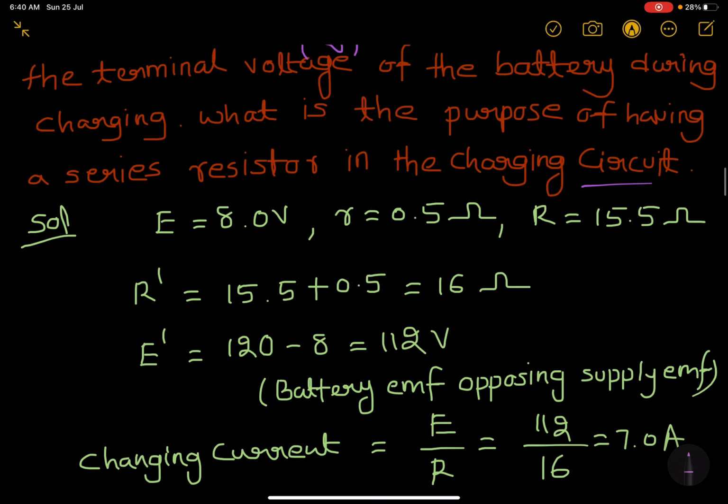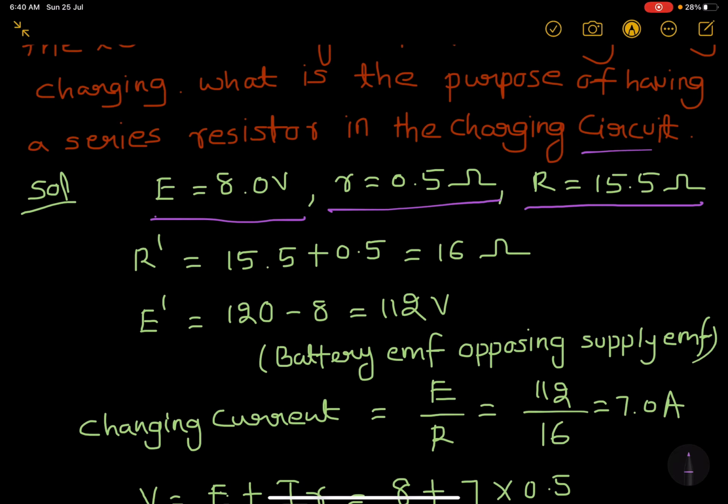See here, the EMF of the cell is 8 volts, the cell internal resistance is 0.5 ohms, and the resistor is 15.5 ohms. Then we find the new resistance in the circuit, R dash.